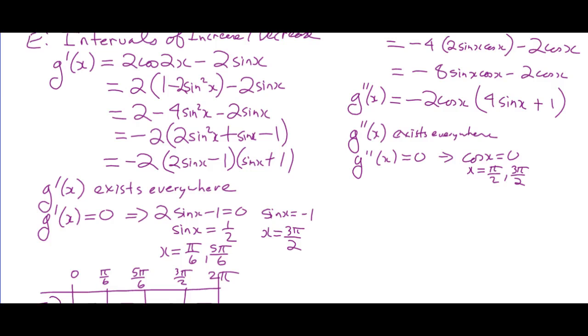That's when it's 0, so those are probably points of inflection. Not a guarantee, we need to check the intervals. And then we've got 4 sine x plus 1 equals 0, so sine x is equal to negative 1/4. That's where the useful information comes in, because there's no way we know what value of x gives us negative 1/4.